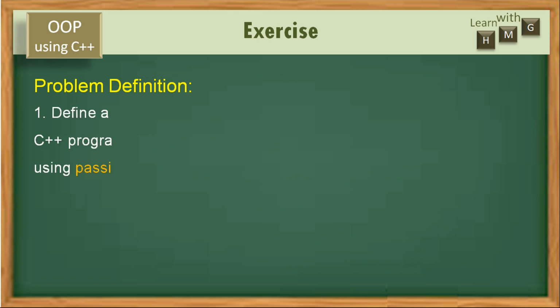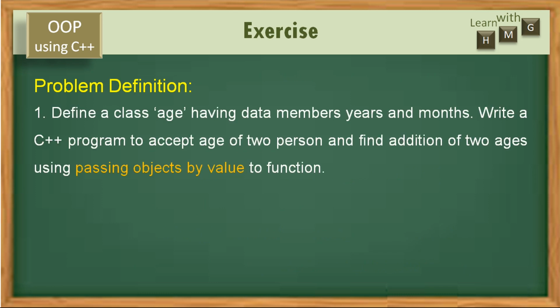Practice programs for you as an exercise. Define a class age having data members years and months. Write C++ program to accept age of two persons and find addition of two ages using passing objects by value to function. So here you have to write, first of all, get age, and in that accept the values of years and months.